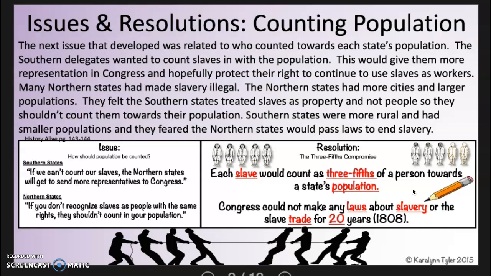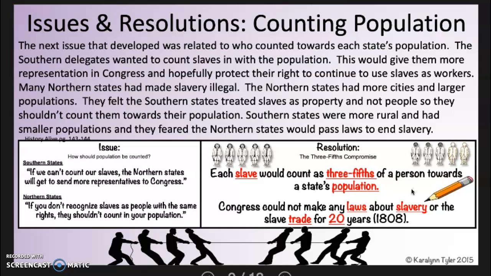But the southern states' economies were tied to slavery, and they were unwilling to get rid of slavery. In fact, many of them said, if we get rid of slavery in this new United States, then we are out. We will not be a part of it.